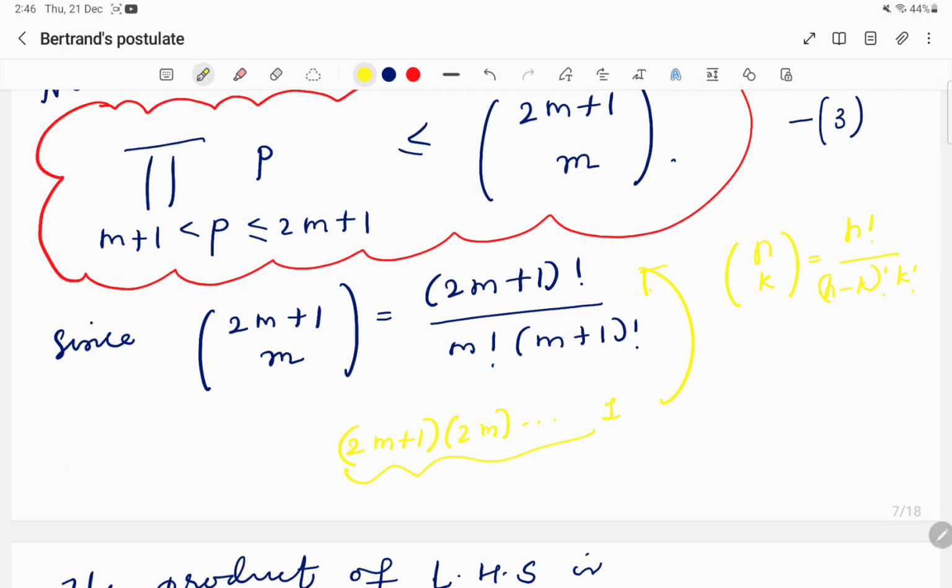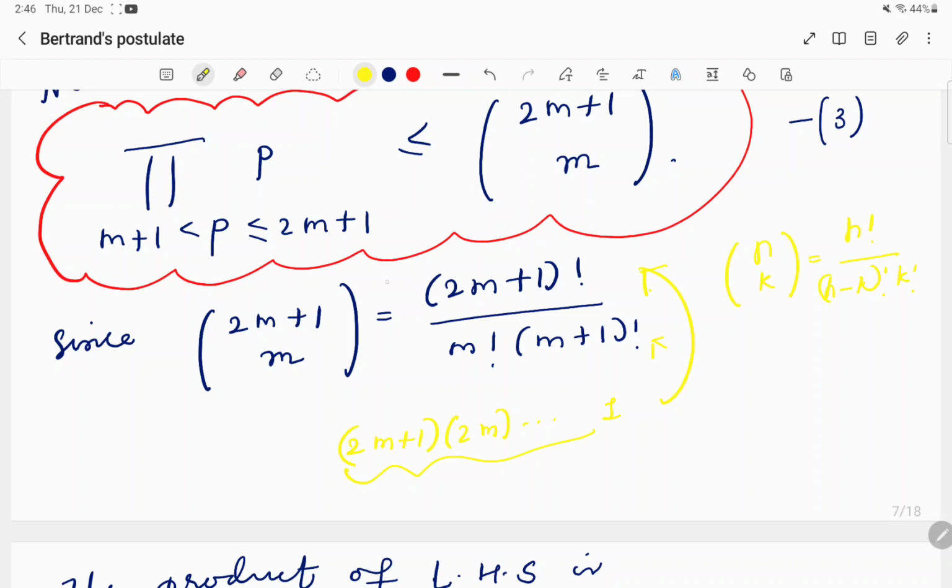But if you look at the denominator, they do not contain any primes p in between m plus 1 and 2m plus 1.